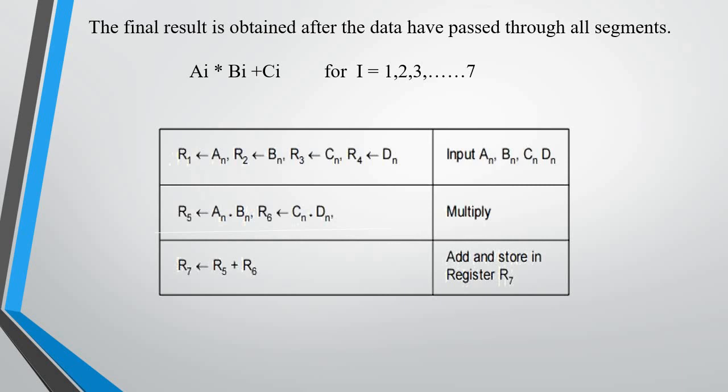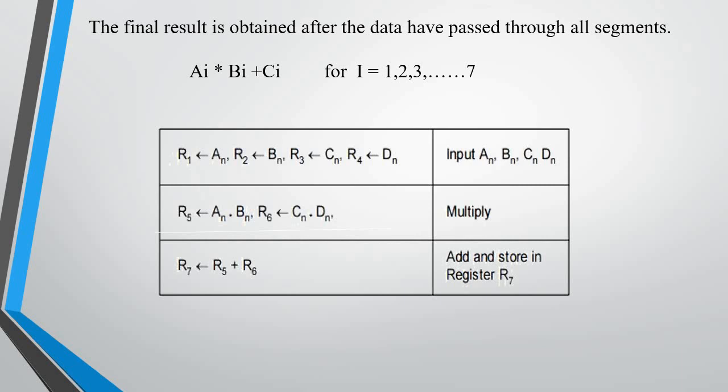The pipeline organization will be demonstrated by means of a simple example: Ai times Bi plus Ci times Di, for i equal to 1, 2, 3 up to 7. Now, Ai is assigned to the R1 register and Bi is assigned to the R2 register.